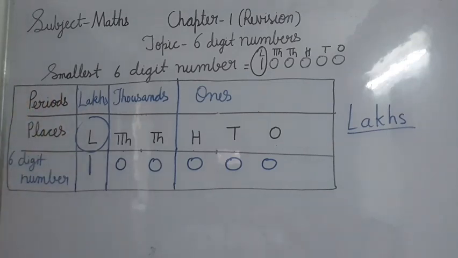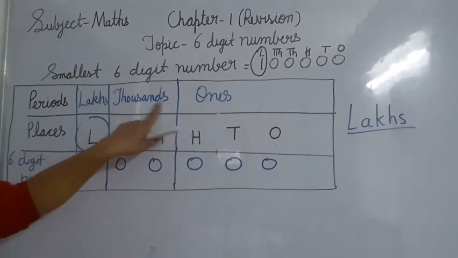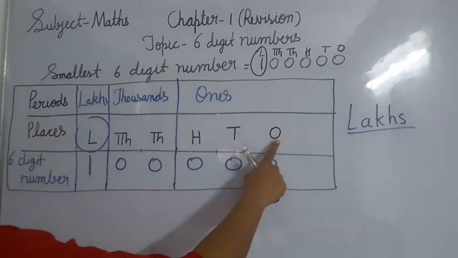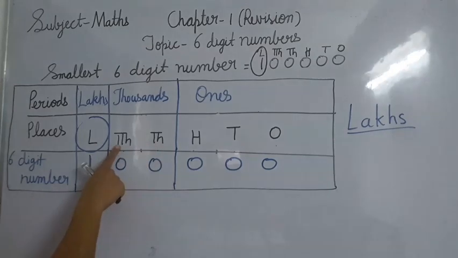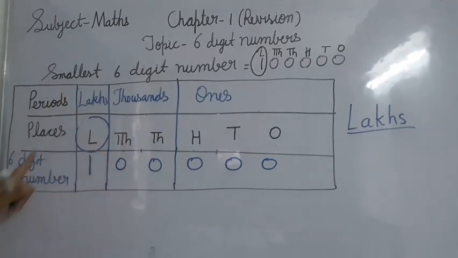If I ask how many periods in a 6 digit number, you will say, ma'am, there are 3 periods: ones period, thousands period and lakhs period. In the ones period, hundreds, tens, ones will come; in thousands, 10,000 will come; and in the lakhs period only the single lakh will come.